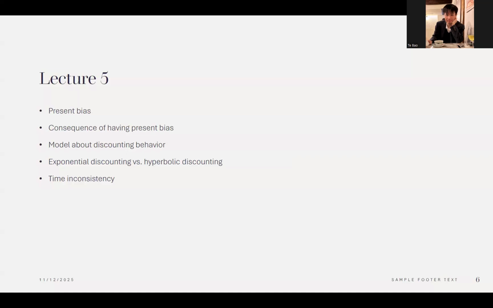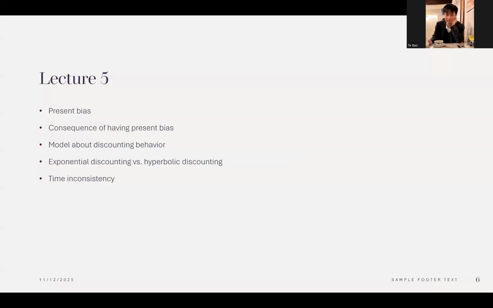Okay, so that's a very important pattern we want to study in this lecture. More specifically, in terms of modeling, a quasi-hyperbolic discounting model works like this. Traditional exponential discounting means that for T periods in the future, your discount factor should be delta to the power of t.